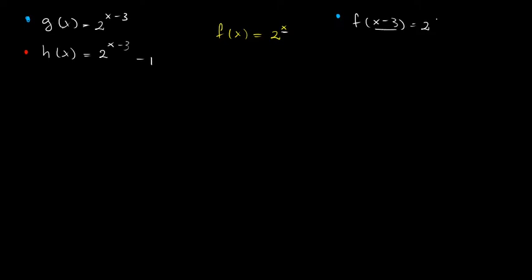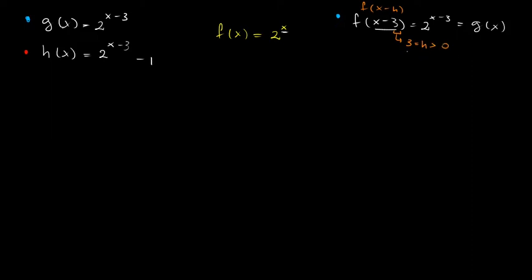So this would be 2 to the x minus 3, and this is exactly g of x. And in previous videos we worked with other functions of the form f evaluated in x minus h. And in this case 3 would be our number h, and h is greater than 0.